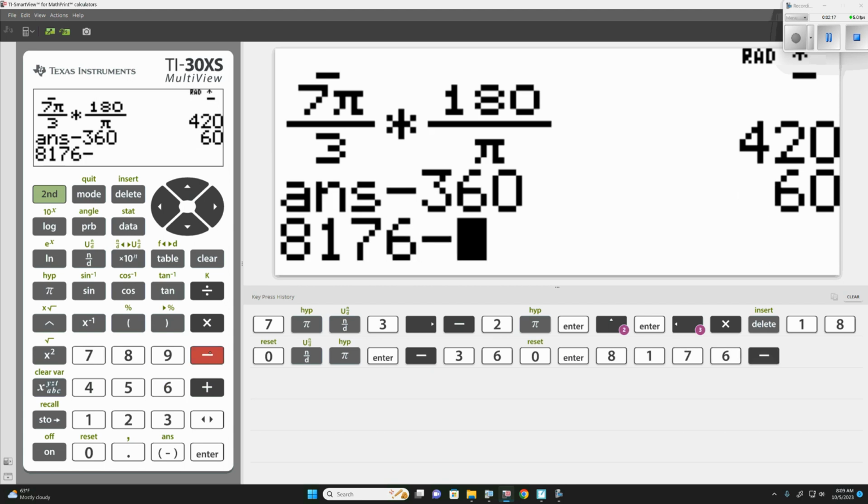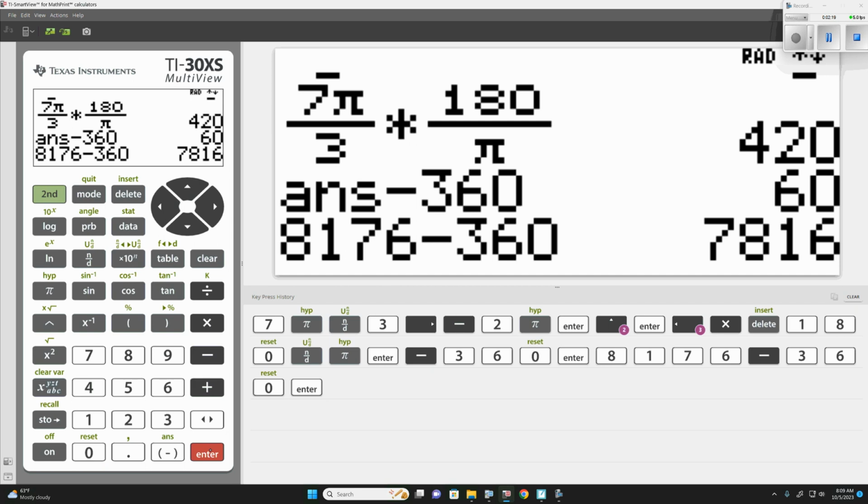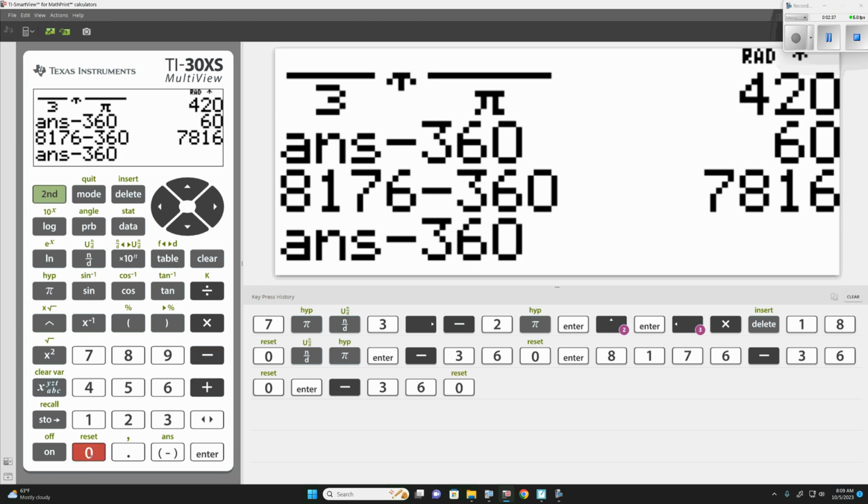Now we can definitely say this is bigger than 360, so I can subtract 360 from it. We get 7,816. Well, that's still bigger than 360, yes? Now I could type that in and then say minus 360, but a nice little shortcut is I can hit minus 360.